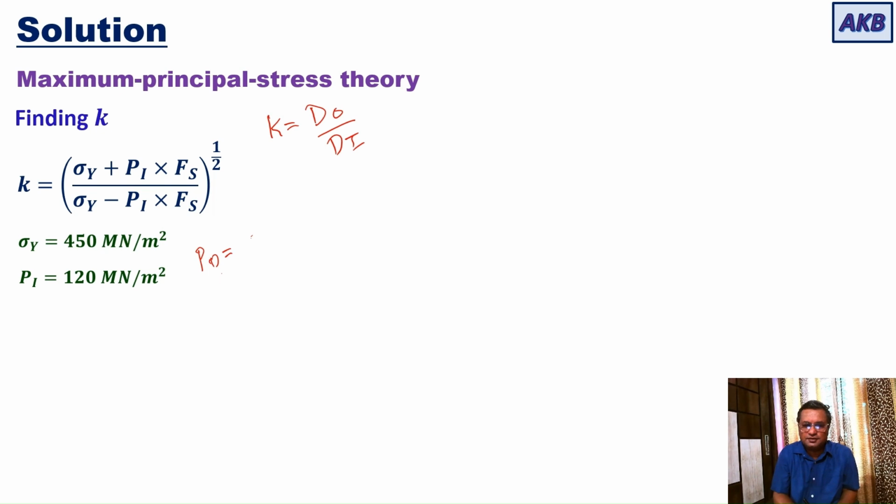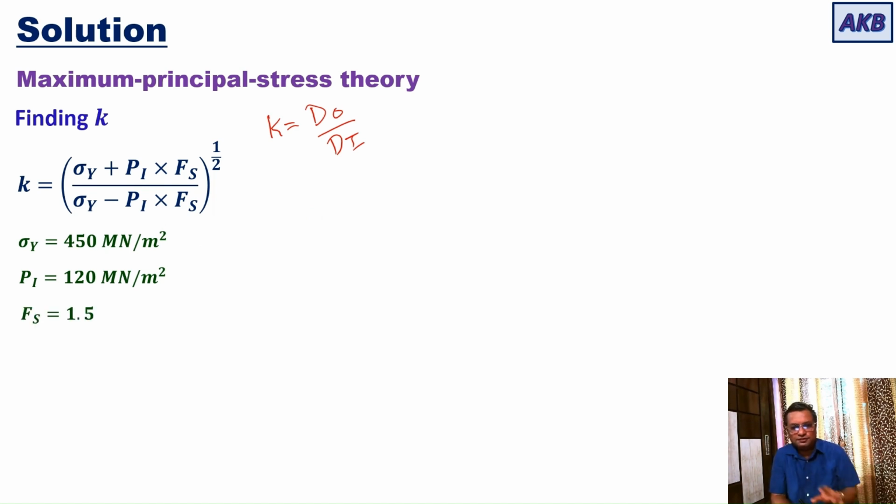So in this case, if PD is the design pressure, PD will be equal to 1.05 times Pi. This can also be done. But over here I will show calculations by using Pi itself, the given internal pressure, which is 120 meganewton per meter square.